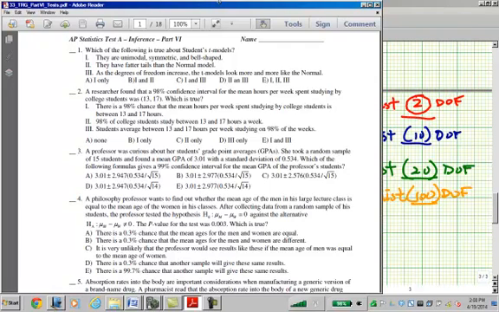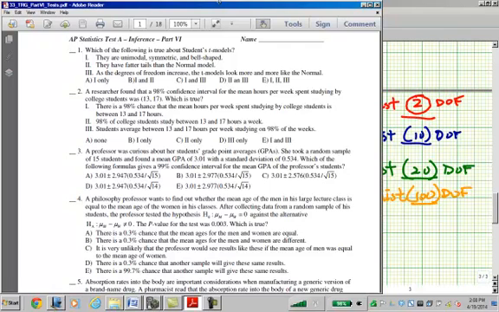Okay, now let's review what a confidence interval is. What does it mean? If we say we have 98% confidence, we are 98% confident that the true population parameter for what it is we're studying, in this case, the true mean hours per week spent studying by college students, is between 13 and 17.